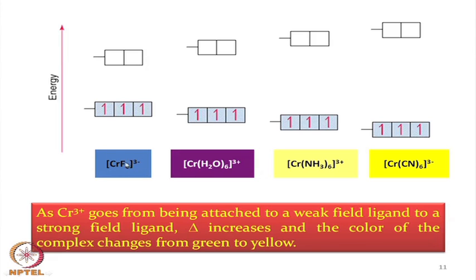But if we compare with the color wheel, we will find that when the solution color is green, we have less splitting. But when the solution color is yellow, a lighter color, we get the complementary color, but the absorption is in the higher energy, lower wavelength range.